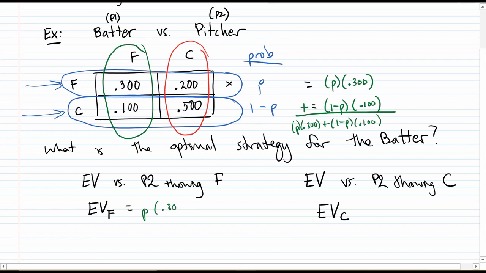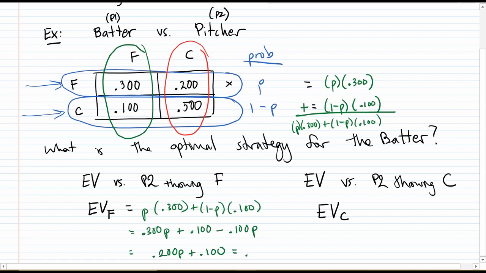P times 0.300 plus 1 minus P times 0.100. And now we just need to simplify. So let's expand. Just remember that we should distribute over here. So we have 0.300P plus 0.100 minus 0.100P. So in total, this is all equal to 0.200P plus 0.100. Or, just for sake of simplicity, I don't need to write all those zeros. It's just traditional with batting averages. So 0.2P plus 0.1.